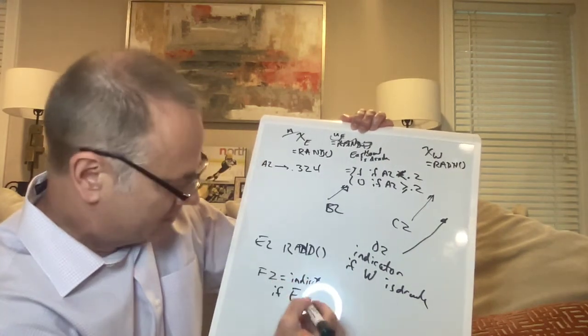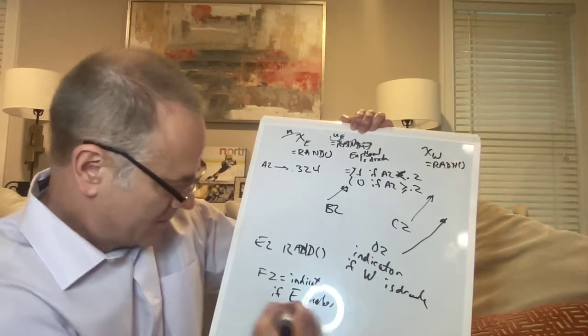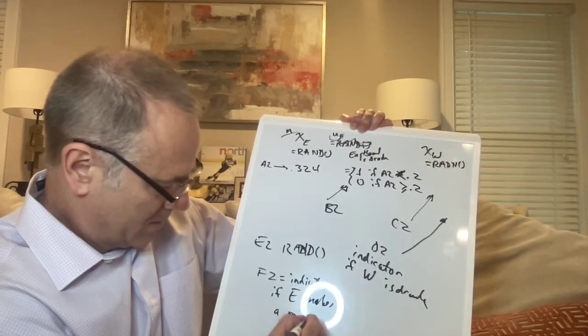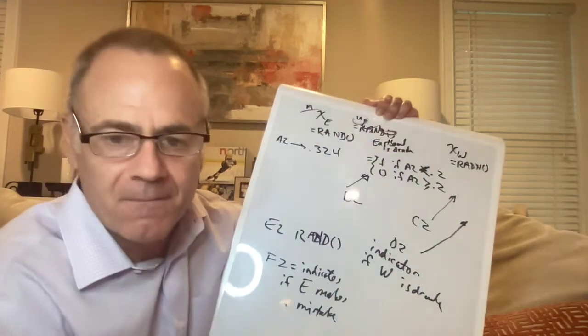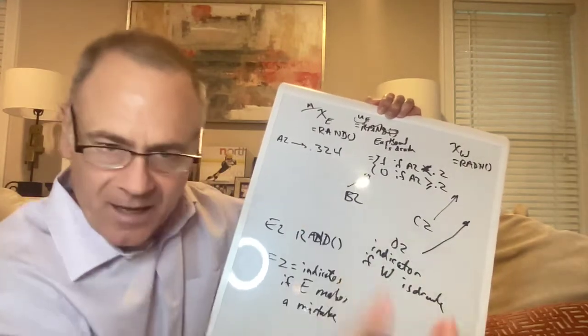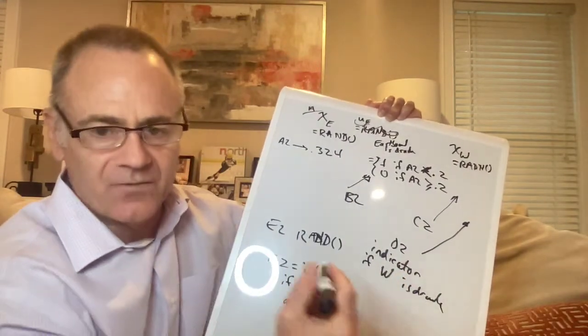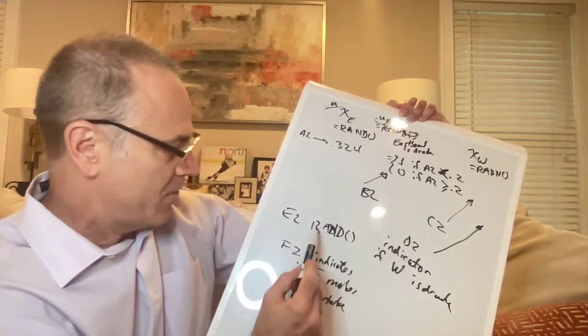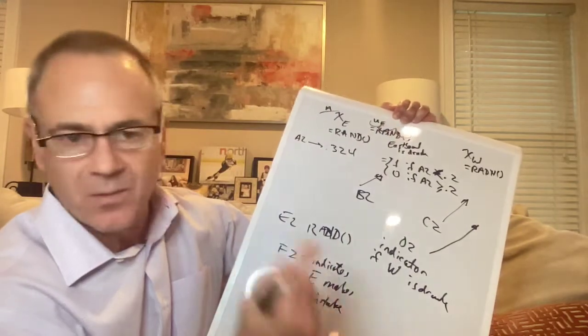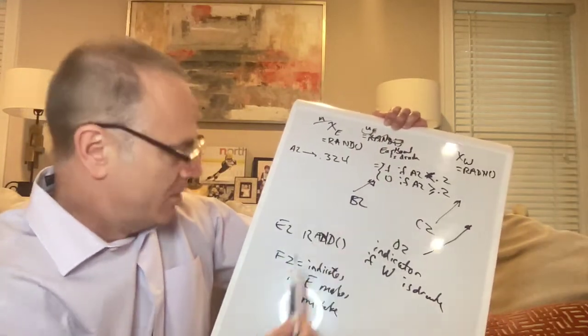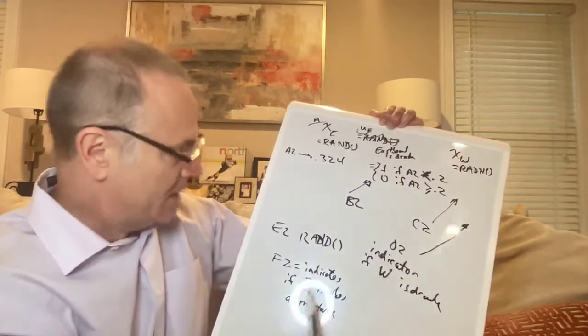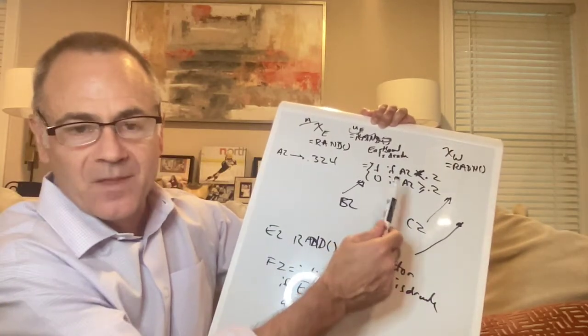which indicates if eastbound makes a mistake. Okay, now this is going to be a little tricky. What you're going to have to do is look, you have your random number, that's going to be some number between 0 and 1. Then you're going to look to see whether eastbound is drunk or not.